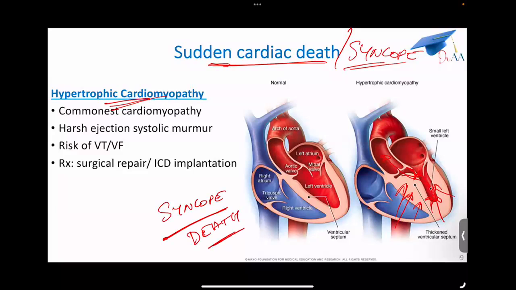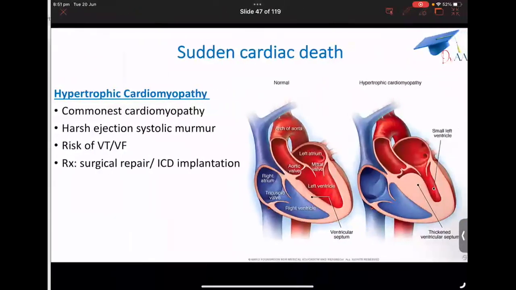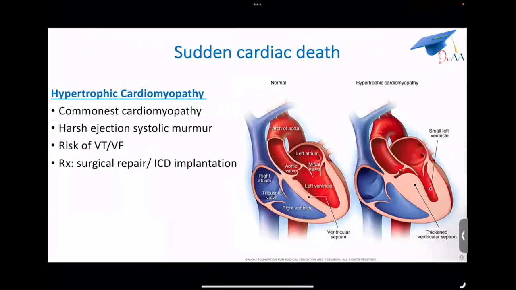This is usually first known during the teenage years, while they are playing sports like basketball or football, and suddenly they have loss of consciousness. Then you get an echo, and you see there is increased thickening of the septum. Because of this, the blood moving from the ventricle into the aorta is hampered, and it causes a harsh sound known as a harsh ejection systolic murmur.